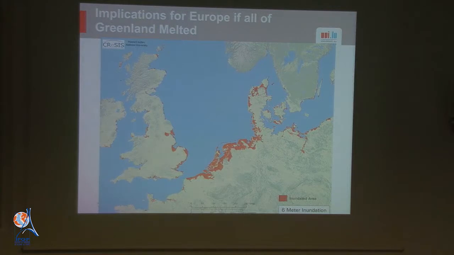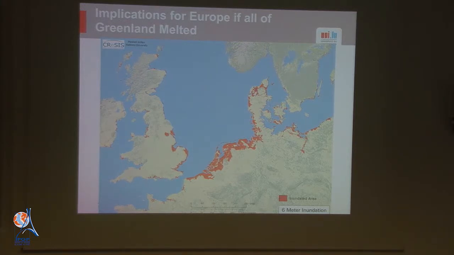All right, now to give us some context of place, if all of Greenland melted, it would cause sea level to rise by 6 to 7 meters, and this just shows you what's happening here in terms of what parts of the coast will be flooded. All right, now we have Brussels will be okay, Paris will be okay, but Antwerp is going to be a mess.